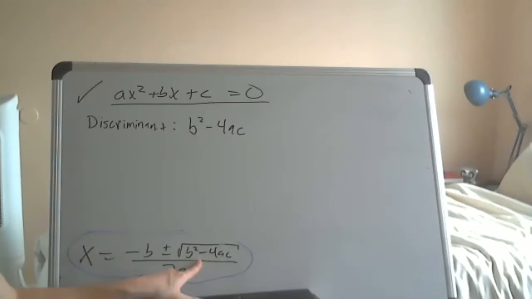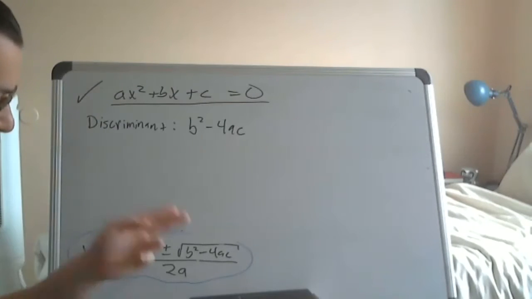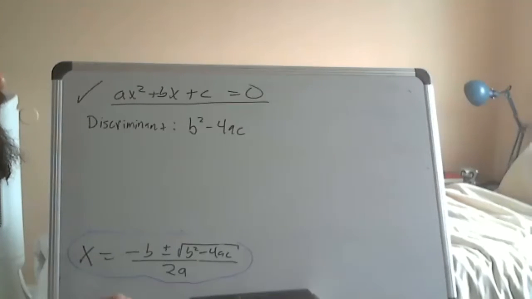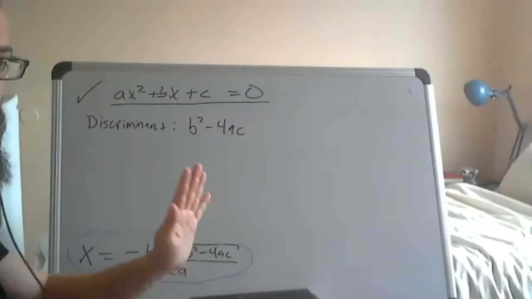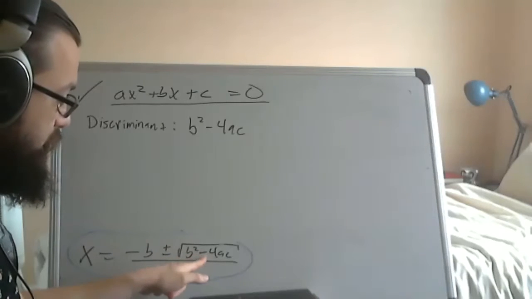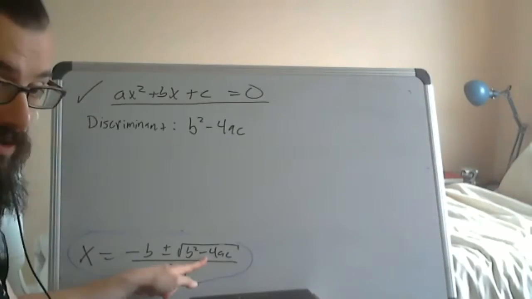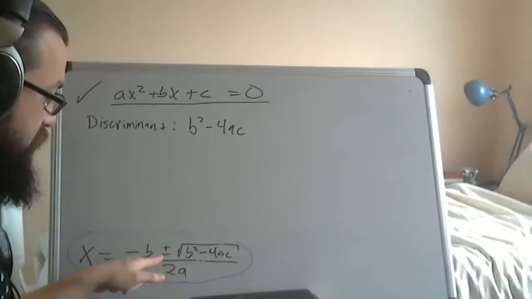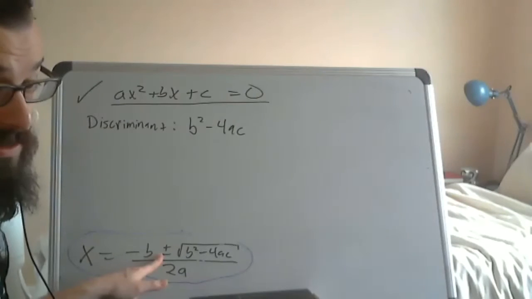Notice, since this is under the radical, this little term right here lets us know what kind of solutions we're going to be looking at. What do I mean by that is this. If this goes to 0, then we're plussing and minusing 0.